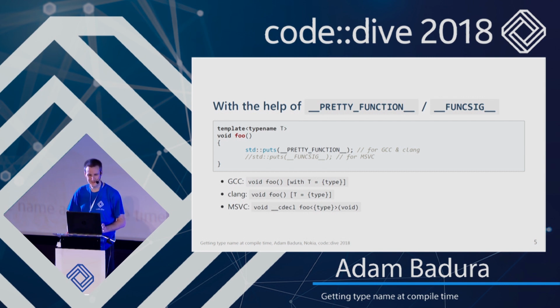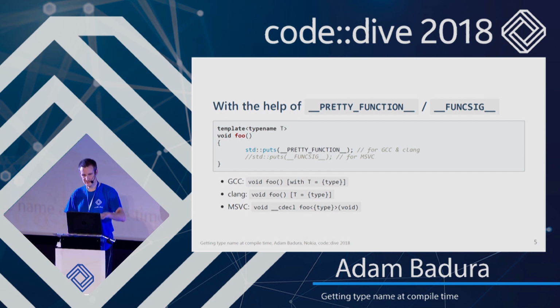I don't know why they decided to differ on that, but I think it's stupid, but okay. And then there is Visual Studio, which differs more from that pattern, but they all have in common that the type provided as a template argument shows up in the name.